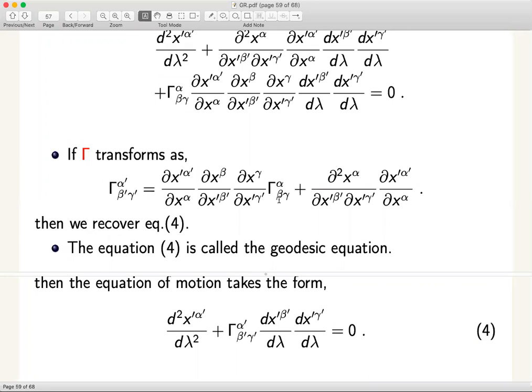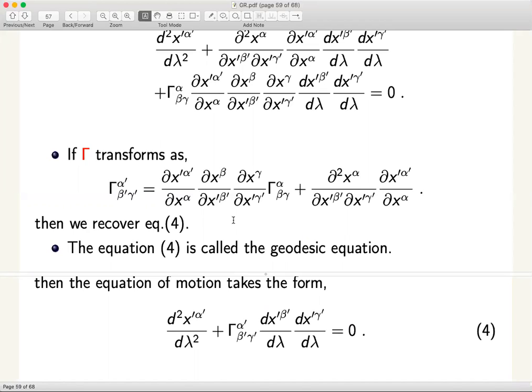Then you can always find some choice of coordinate transformations such that this quantity on the right hand side, del x prime alpha prime by del x alpha, del x beta by del x prime beta prime, plus del x gamma by del x prime gamma prime times gamma, plus this piece, this entire piece on the right hand side would add up to 0.